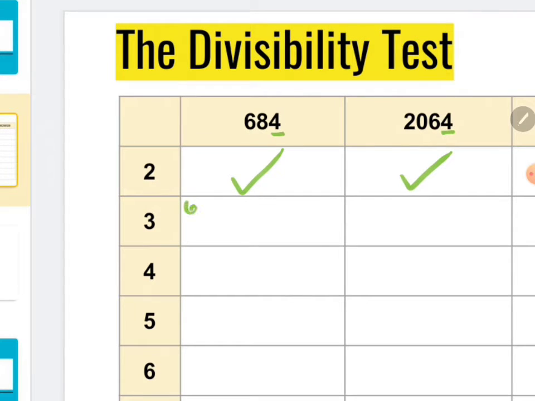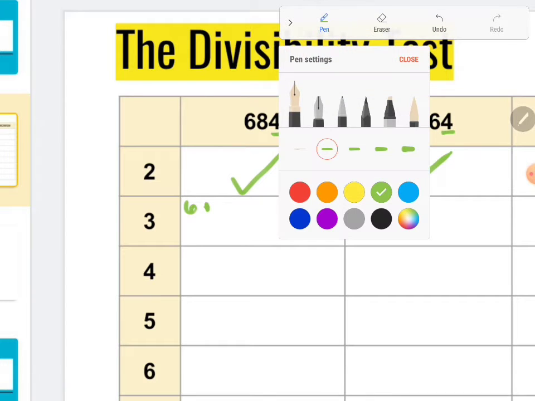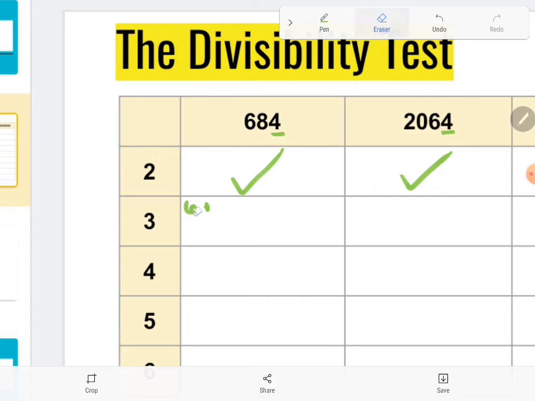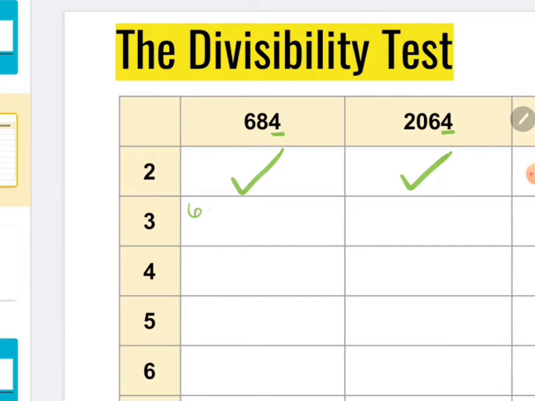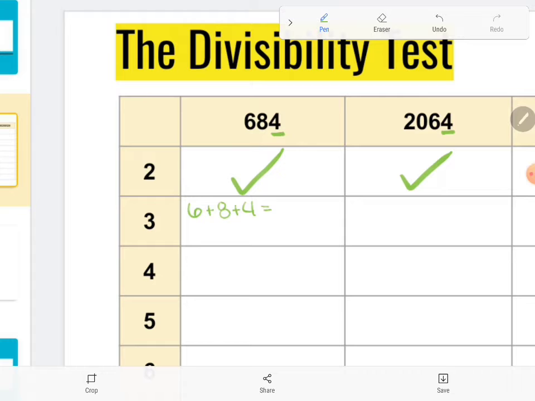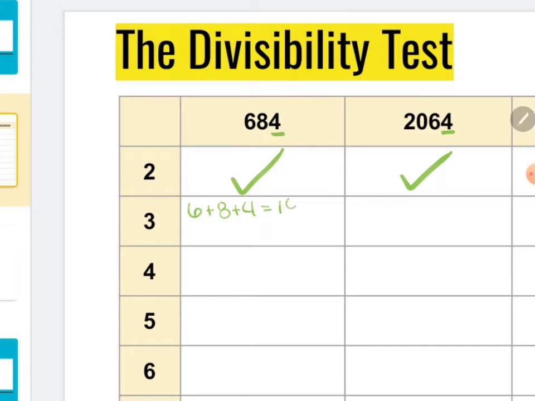So we're going to do 6 plus 8 plus 4, and that is going to give us the number 18.